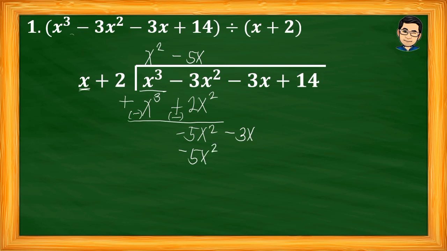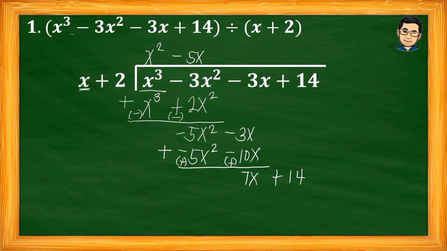And then, negative 5x times 2, negative 10x. And then, we subtract ulit. So, minus magiging plus. Itong negative 5x squared magiging positive. Itong negative 10x magiging positive. So, negative 5x squared plus 5x squared, that is 0. And then, negative 3x plus 10x magiging 7x. And then, bring down 14.